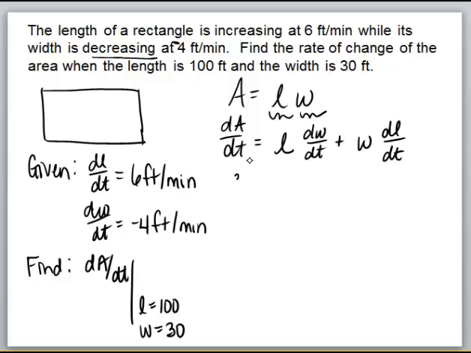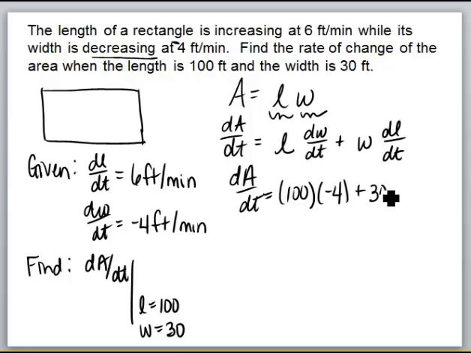I'm finding dA over dt. I'm supposed to find that when L is 100, so I'm going to plug in 100. I know dW over dt was -4, plus I'm supposed to find this area changing when W is 30, and I know dL over dt is 6.